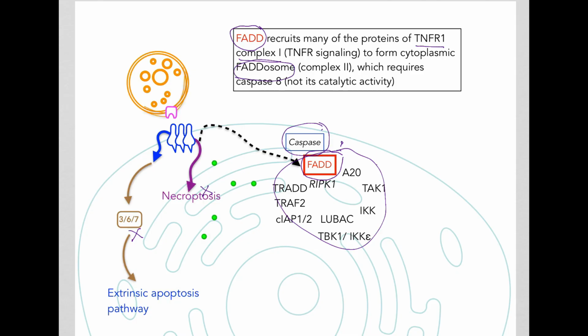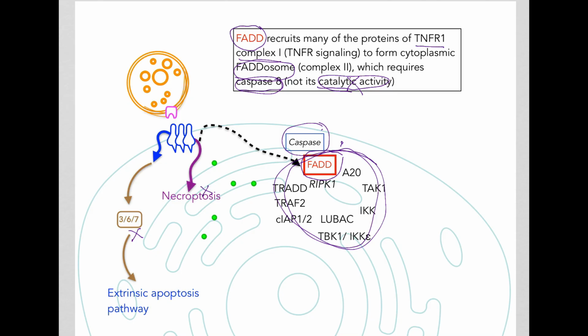So this is a cytoplasmic FADDosome that is formed, and in this FADDosome caspase-8 is required, but not the catalytic activity of caspase-8. Just caspase-8, but not necessarily its activated form.